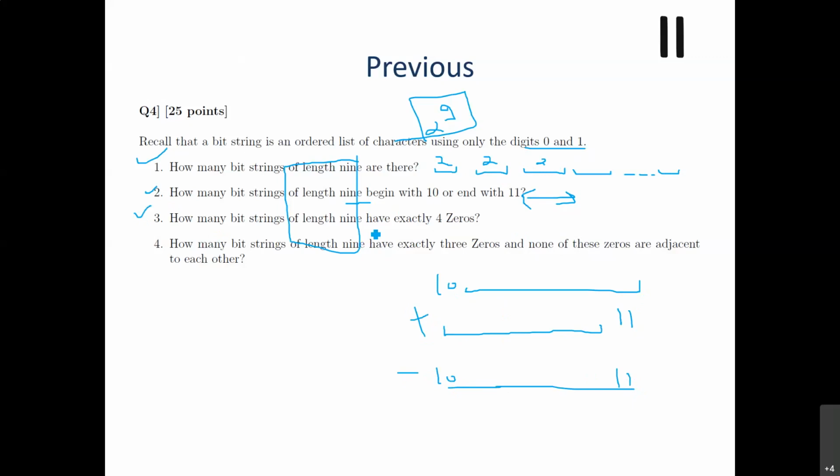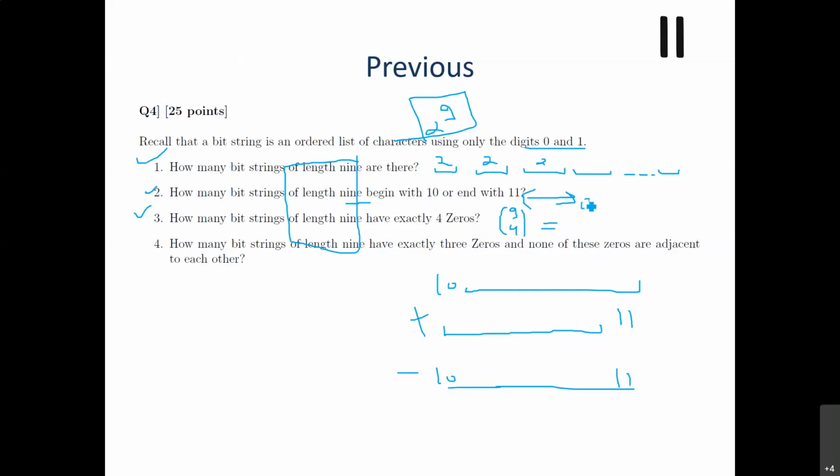Part 3. How many bit strings of length 9 have exactly 4 zeros? This is the first time in this recitation where we're going to be using combination. So you choose 4 out of 9. And what's the equation for that?